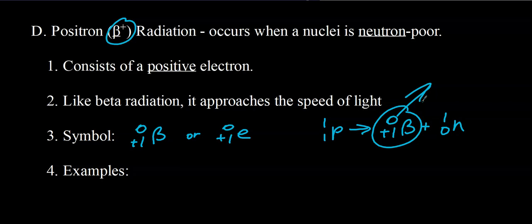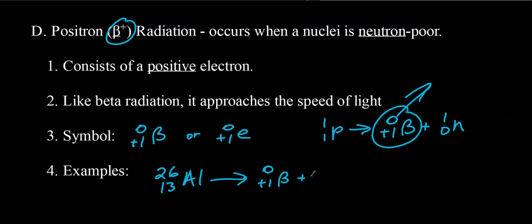So an example of that is aluminum 26 undergoes positron emission. So let's write that equation. What is the nuclear charge of aluminum 26? That would be 13. Positron emission, so we want to write the symbol for a positron, 0 over plus 1 beta, and then balance mass and charge.